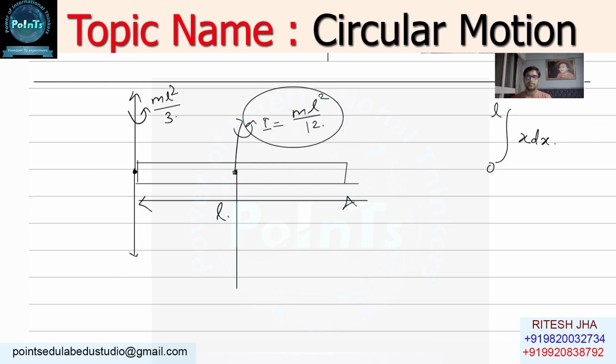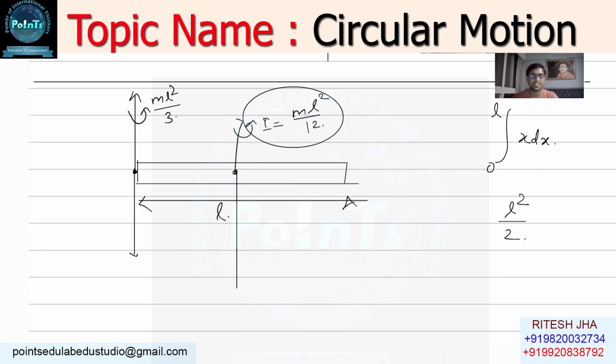Since x is linear, the area under the curve is a triangle with base 0 to L and maximum height L, so it's 1/2 into L squared. Superb, very nice, that was a little impressive.